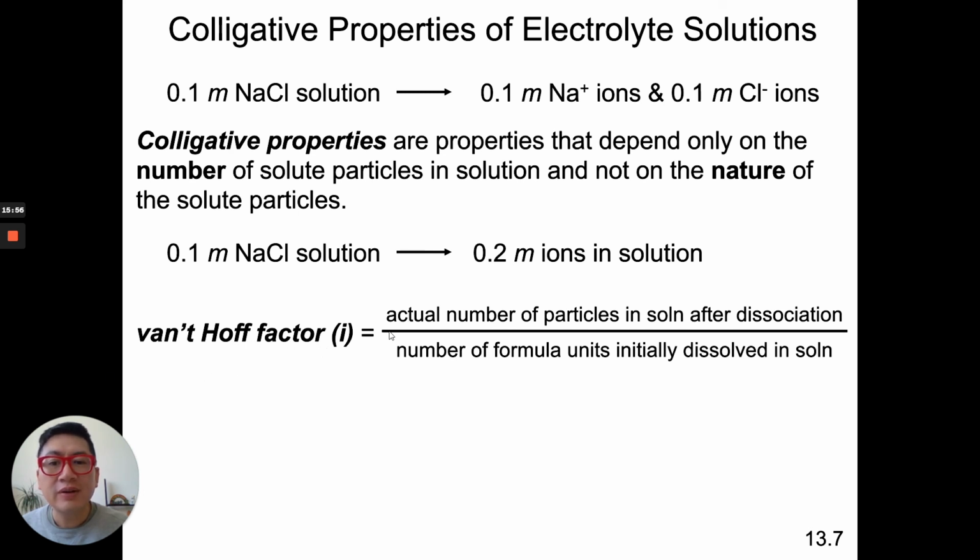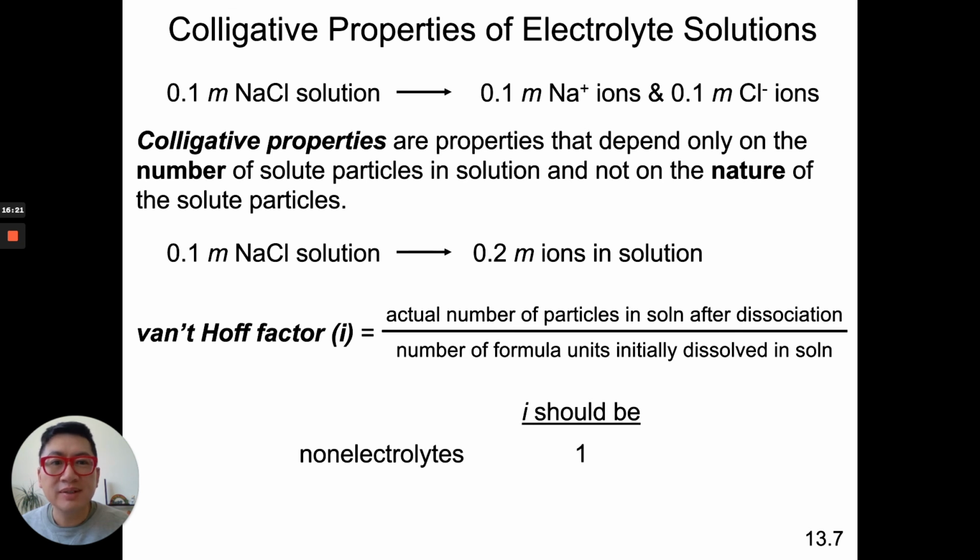The van 't Hoff factor i is the actual number of particles in solution after dissociation, meaning it dissolves or breaks apart in water, divided by the formula units initially dissolved in solution. It's actually kind of simple. First of all, if it's not ionic, i is just 1. How do I know it's not ionic?